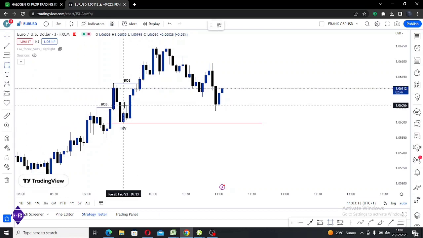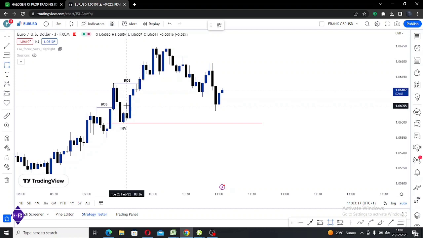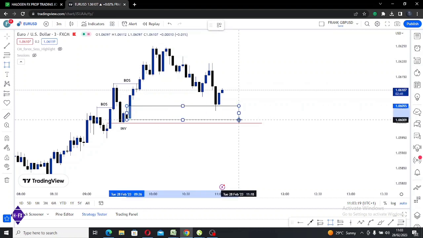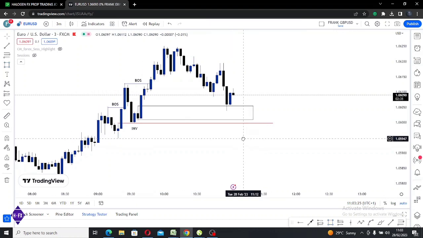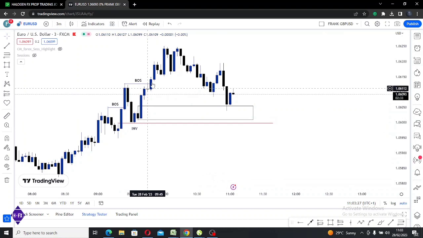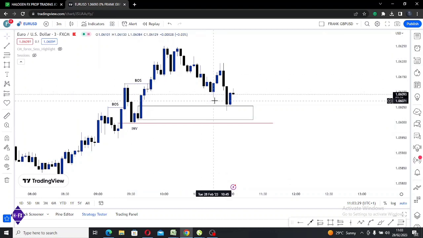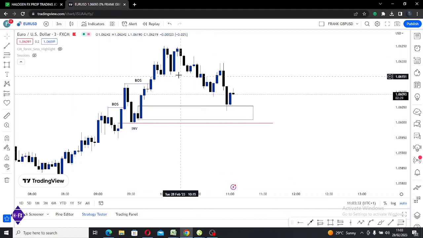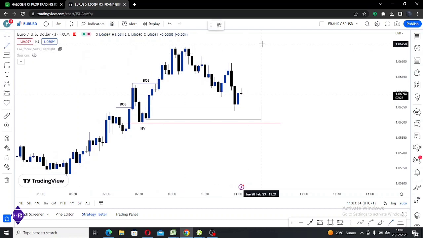You can see this is the order block that led, leaving imbalance. This kind of setup is a high probability setup, but nothing is guaranteed 100% in trading. So you can see I mapped out my order block. Now I waited for price to come back to the order block. I can see price perfectly did that.